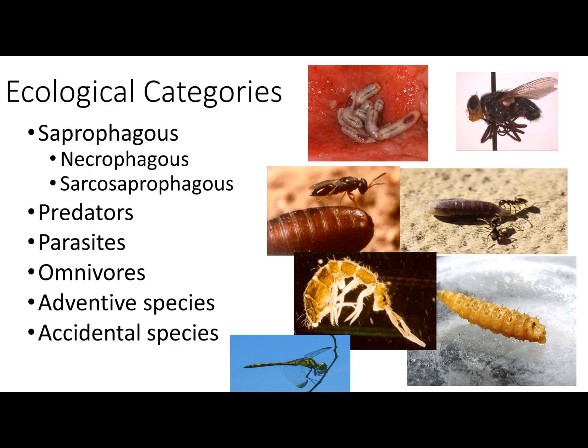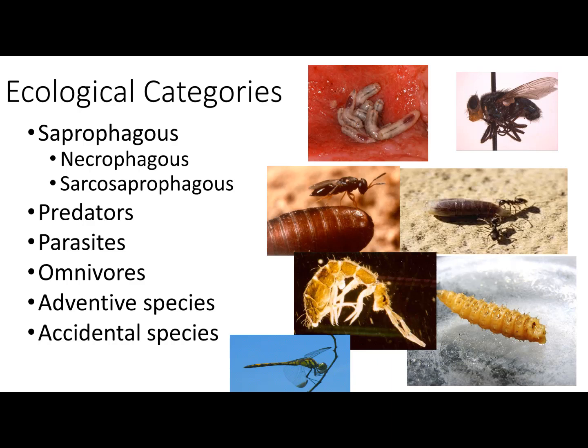So things that feed on corpses or carrion versus things that feed specifically on decaying meat. Now, these terms tend to be used interchangeably, although they have those slightly different connotations. But no matter the connotation, these ecological groups feed directly on the carrion itself. So it's these saprophagous groups that are most important when determining the time of colonization and therefore the postmortem interval.